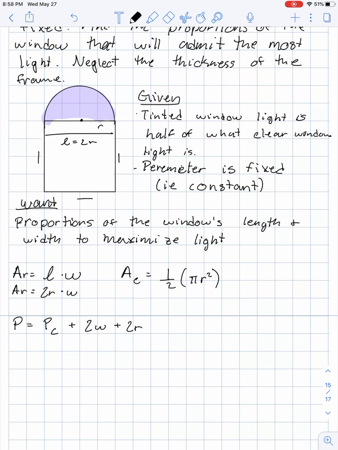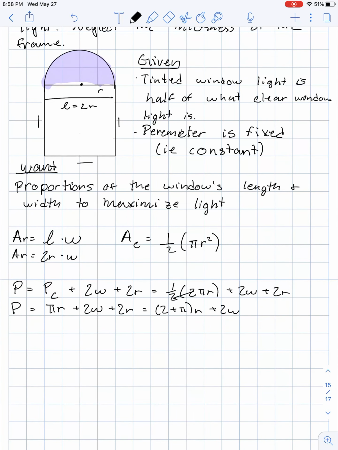Kind of like the last one where we only had like 2w plus L. Remember, L is just 2r. And the perimeter of a semicircle is going to be half of, what is it, 2 pi r? And those 2's can cancel out. So we're left with that P equals pi r plus 2w plus 2r. And I like to kind of collect all my variables, so I can make that like 2 plus pi r plus 2w. That's just a personal thing.